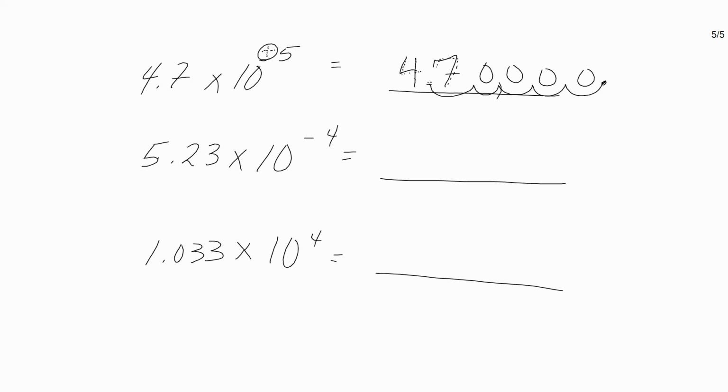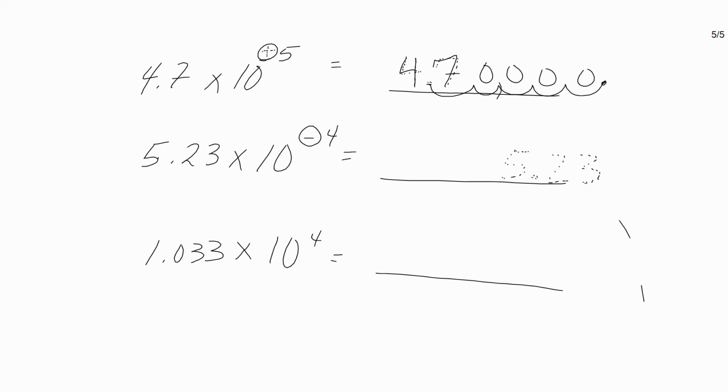Here, since I'm going to move to the left, I got to have some room on the left-hand side. I'm going to put this 5.23. There it is. So this tells me I got to move which way? 4 places.